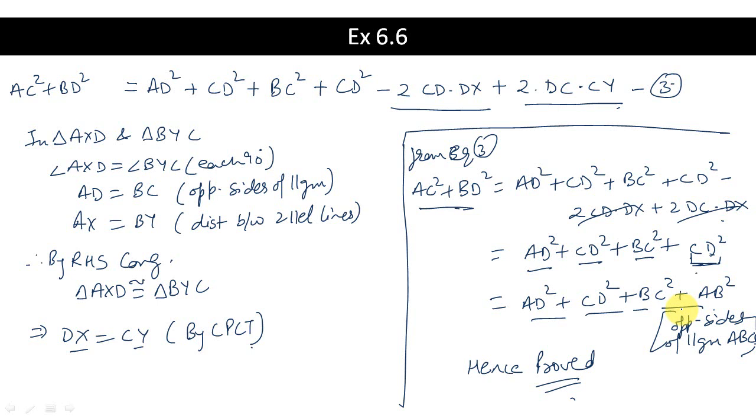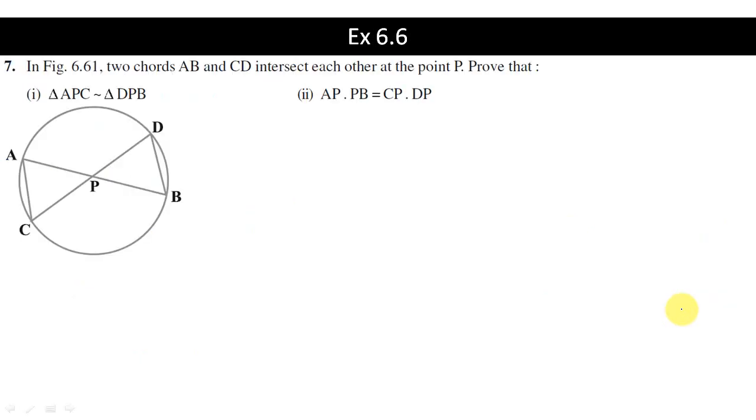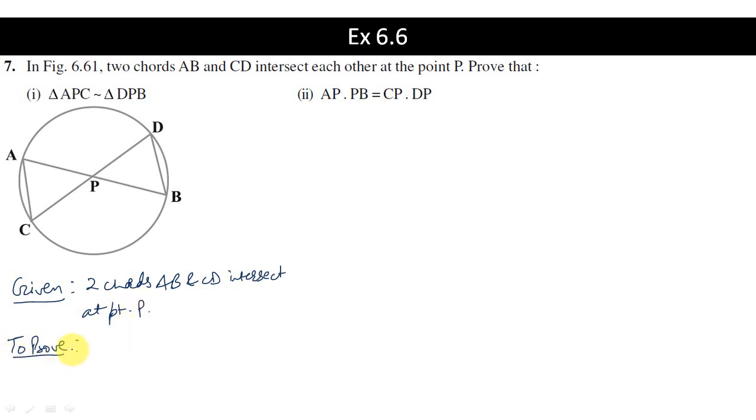Moving on to the next question. Question number 7. In figure 6.61, two chords AB and CD intersect each other at point P. So we are given that two chords AB and CD intersect at point P, and we need to prove that triangle APC is similar to triangle DPB.